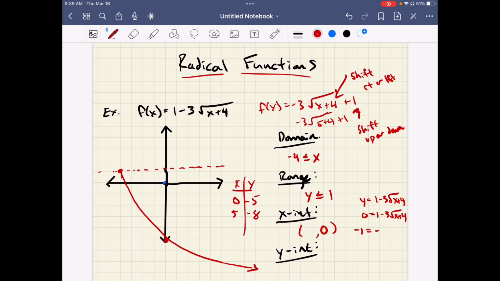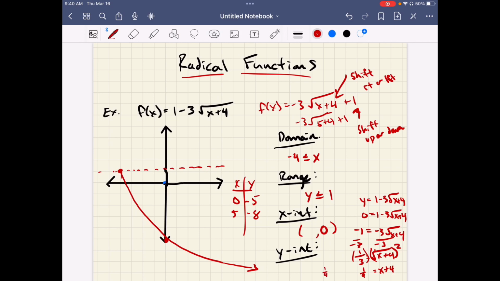I got -1 equals -3 square root of x plus 4. Divided by -3, that is positive 1/3 equals the square root of x plus 4. Then I square both sides to make sure that radical goes. I got 1/9 equals x plus 4.